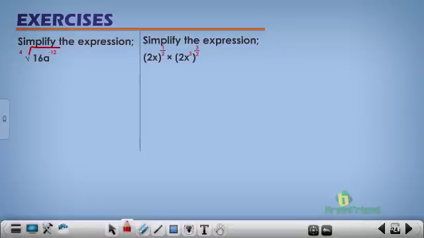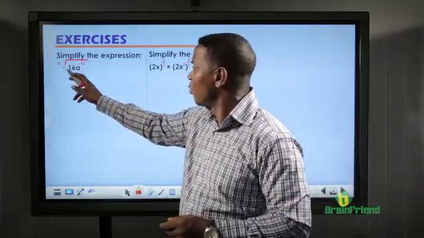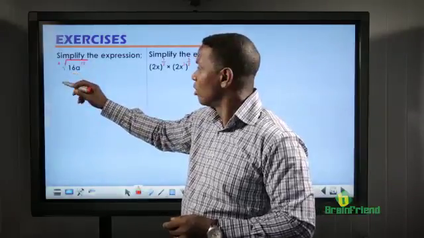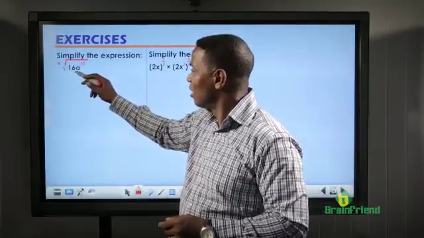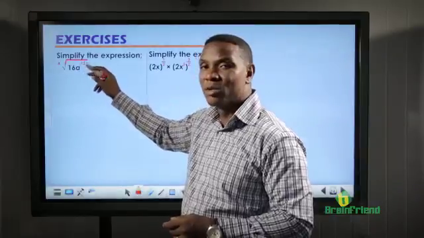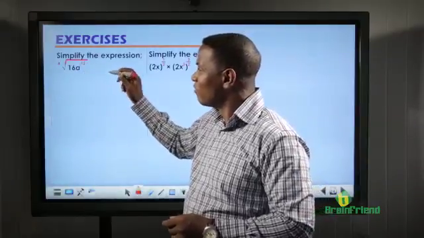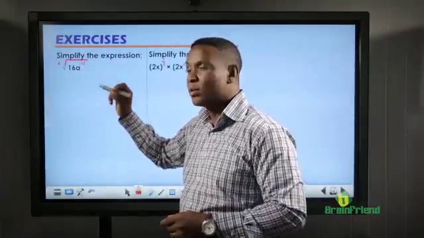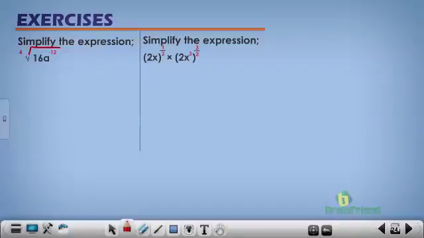Let's take a look again at another example. For instance, if you were asked to find the fourth root of 16a raised to the power minus 12. From our knowledge of the laws of indices, how would we go about solving this? Let's take a look.